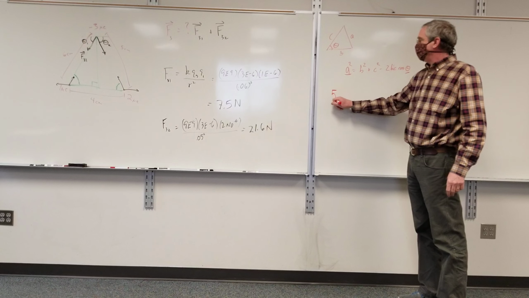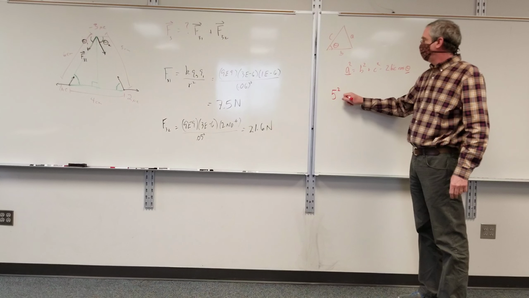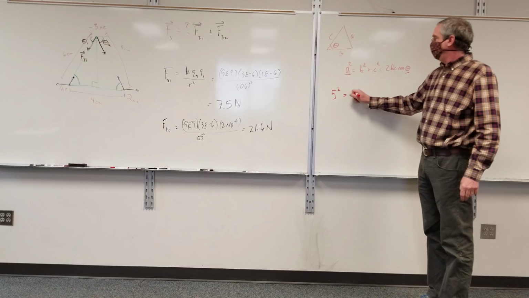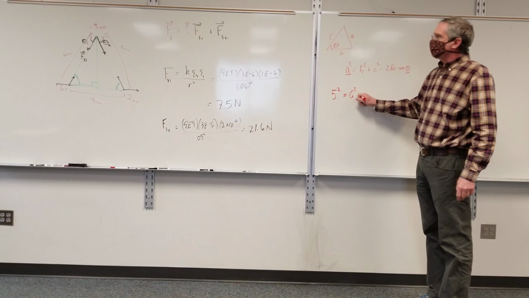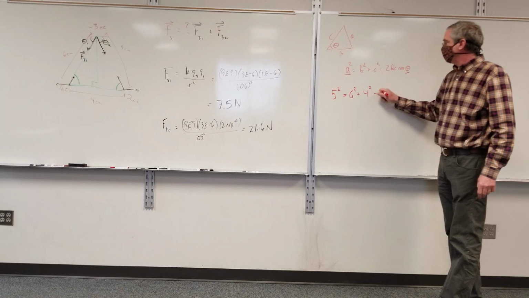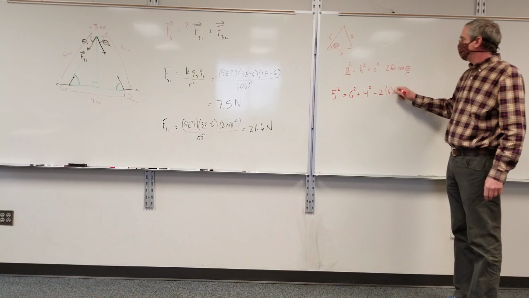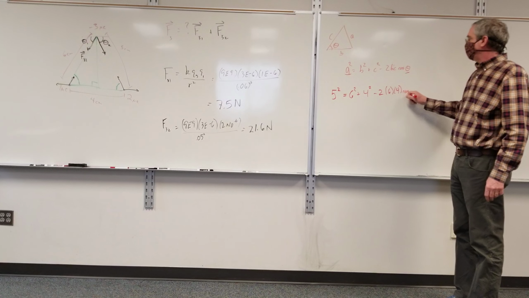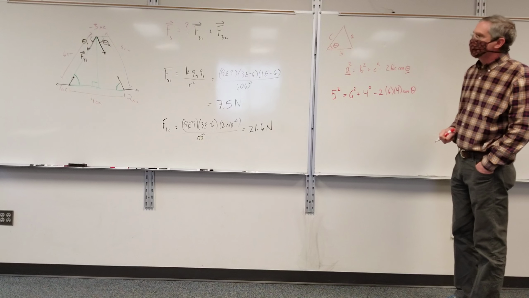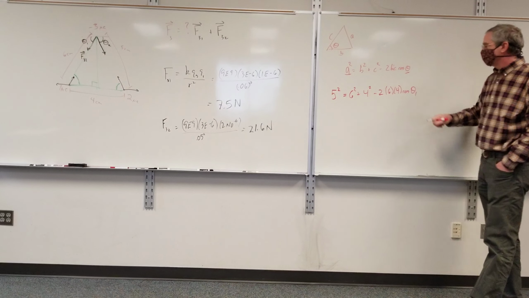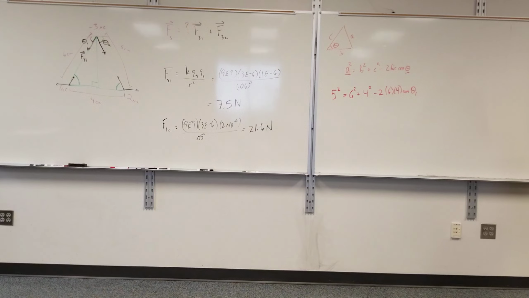So we have 5 squared equals 6 squared plus 4 squared minus 2 times 6 times 4 times the cosine of theta, I guess theta 1, given the context of our problem over there.